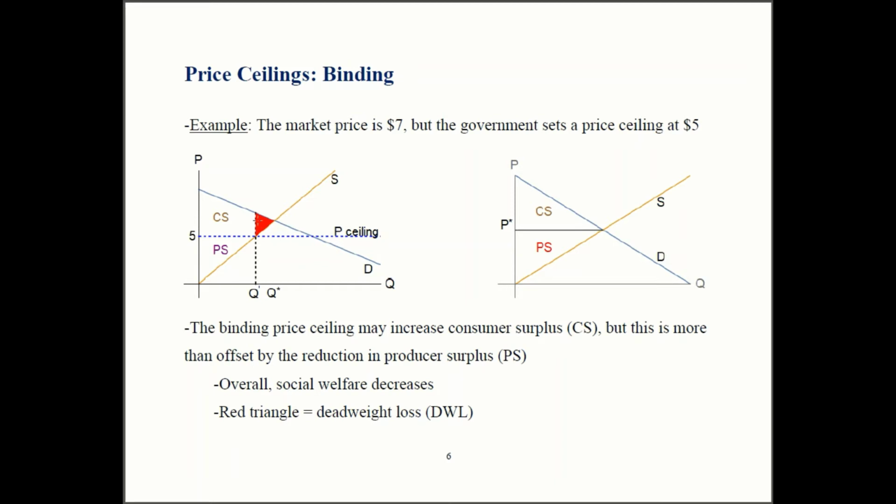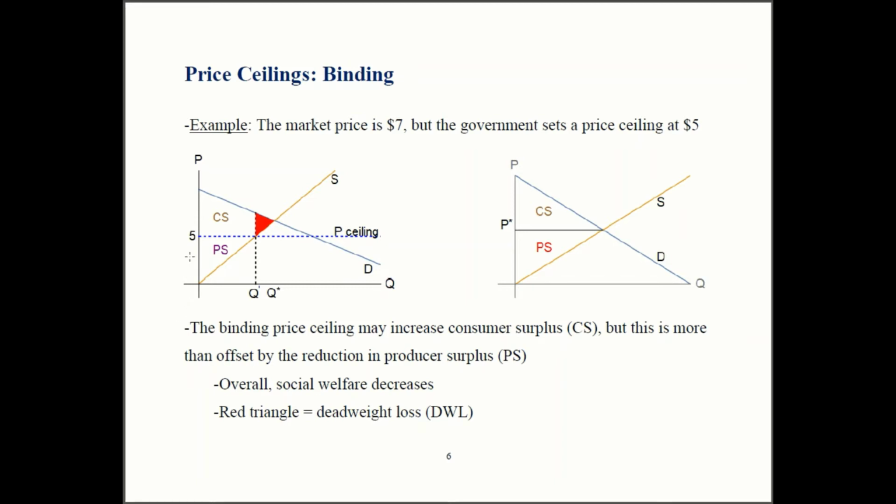So for these transactions, consumers are willing to pay this much up here. Sellers would accept the price down there. So both sides would benefit from these trades, but these trades don't happen anymore due to the price controls. So total surplus goes down. So there's some deadweight loss and some inefficiency from the binding price ceiling.